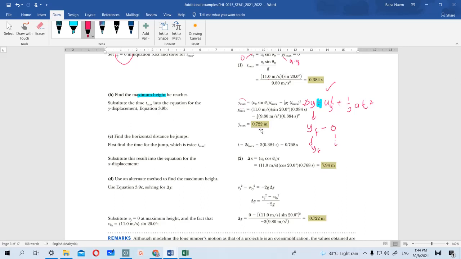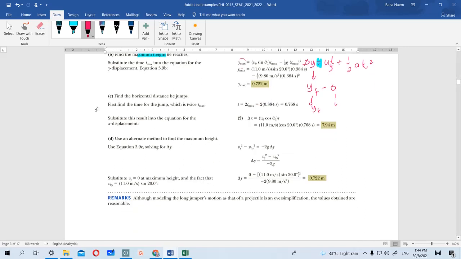Now, how about C? Find the horizontal distance he jumps. He is asking for R. This is R. So aside from the technique that you saw just now, these are the techniques. R is actually occurring in the X direction. Since it's occurring in the direction of X, it means that you have to use all numbers coming from the X direction.